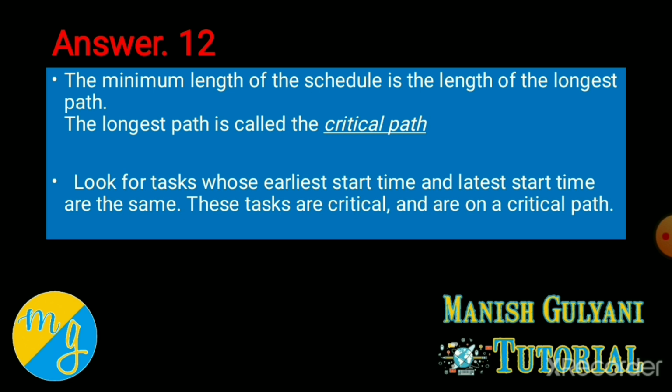You can't ignore those activities. One thing to keep in mind: in the critical path, your earliest time and latest time, all times are the same. That path is known as your critical path.